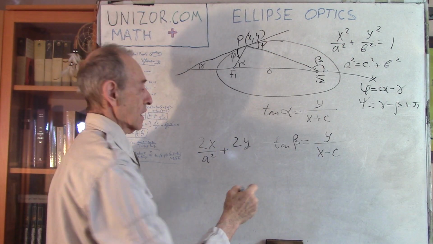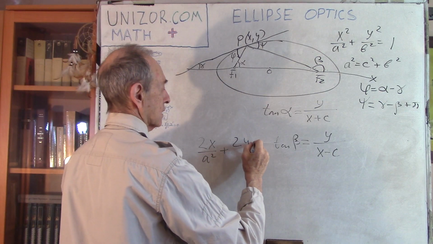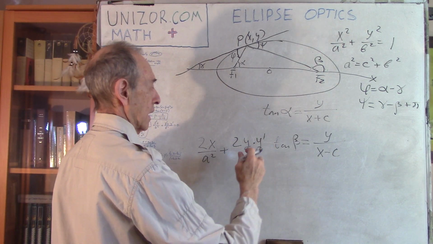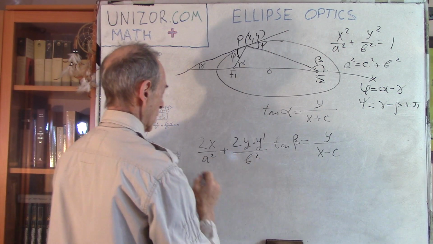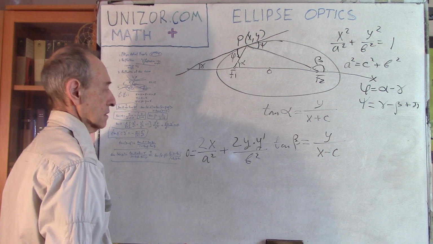Y is a function of x, so the derivative by x is equal to the derivative by y times the derivative of y by x, divided by b squared, and this is equal to 0, right? Because the derivative of 1 is a constant.